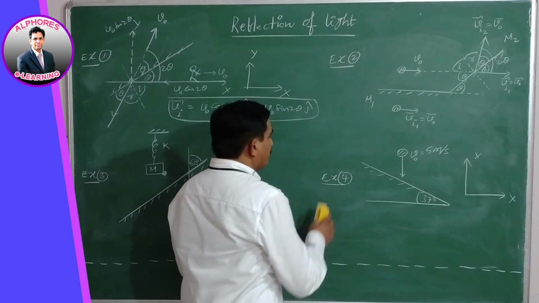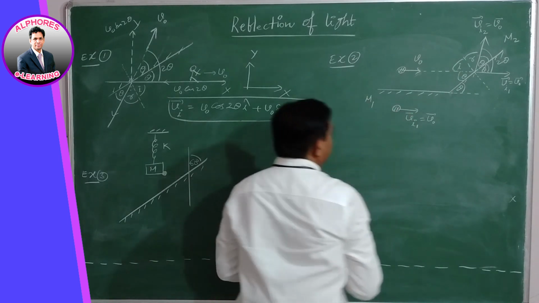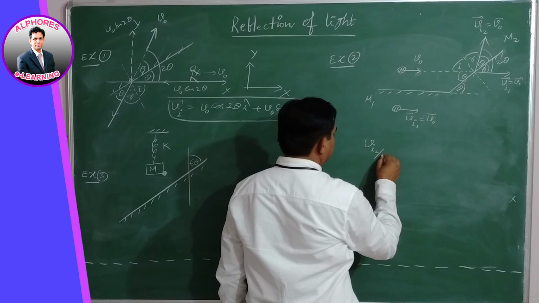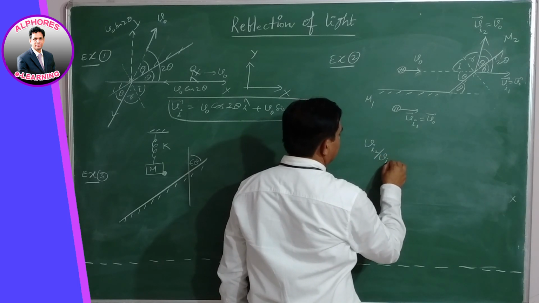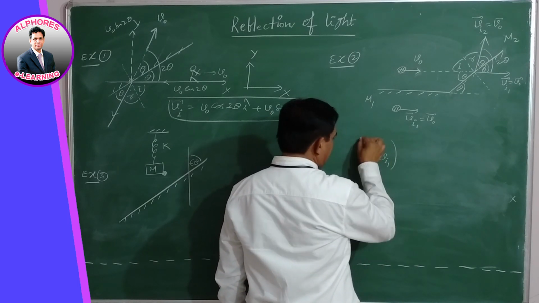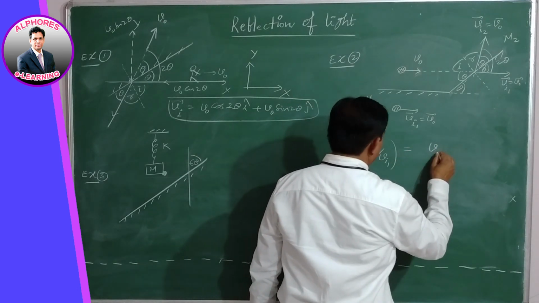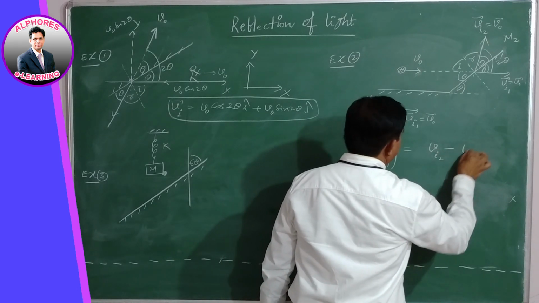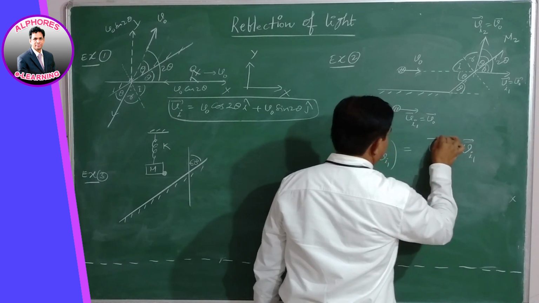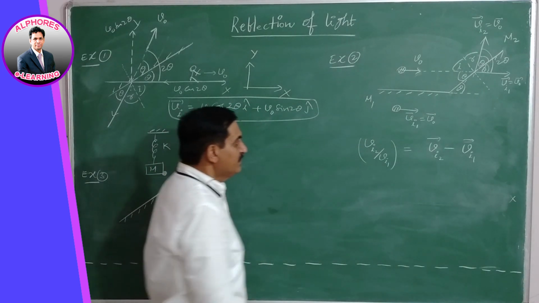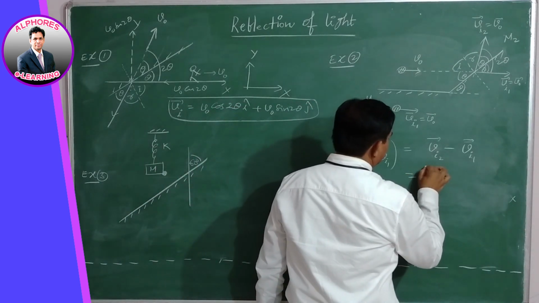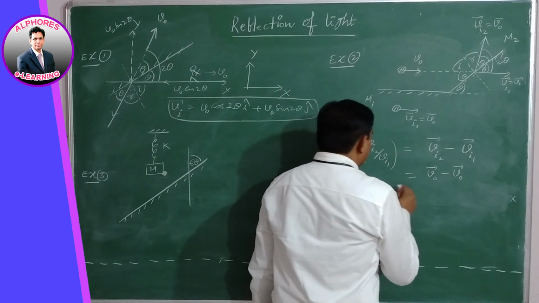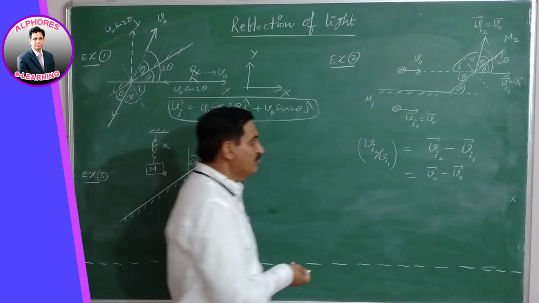So we go for that formula: the speed of the image in the second mirror with respect to the speed of the image in the first mirror is relative, equal to the speed of the image in the second mirror minus the speed of the image in the first mirror. This is the relative velocity formula. Then this can be written as V0 bar minus V0 bar. Now I want to find its magnitude, taking the mod on both sides.